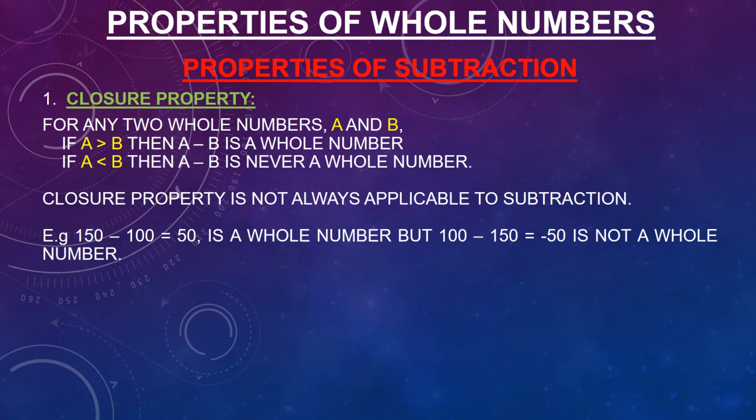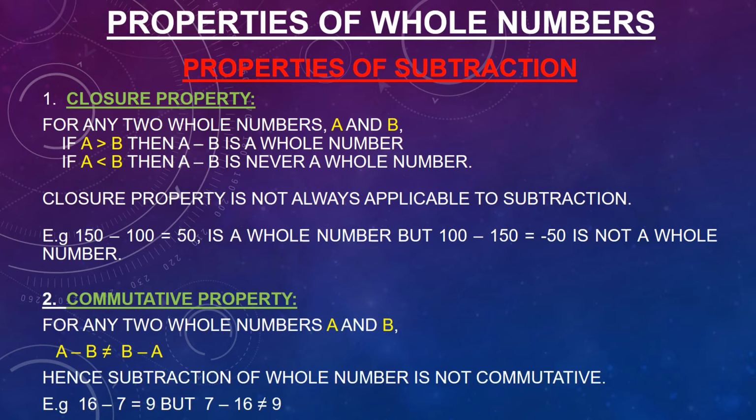Closure property is not always applicable to subtraction. Let's take one example. 150 minus 100 is equal to 50, a whole number, but 100 minus 150 is equal to minus 50, which is not a whole number. So closure property is not applicable for subtraction.